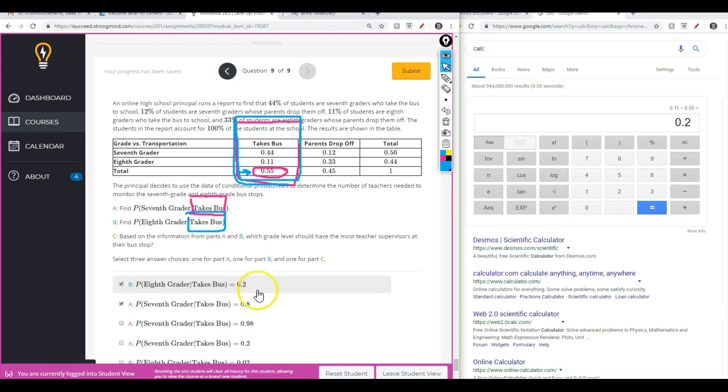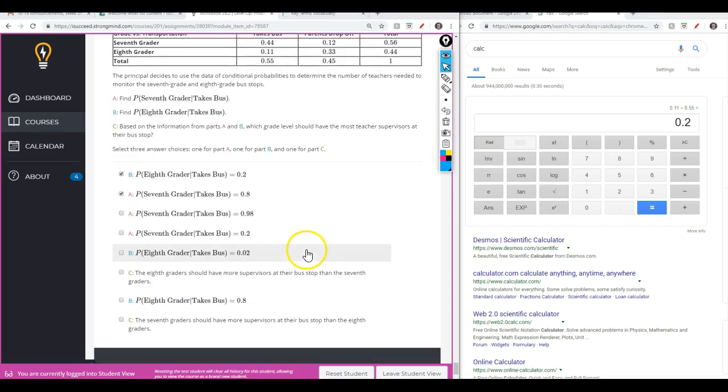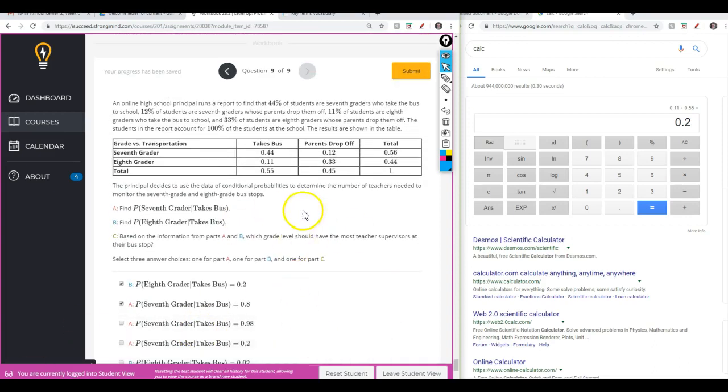So let me say that again. 80% of the people who are on the bus are 7th graders, and 20% of the people who are on the bus are 8th graders. So there are more 7th graders on the bus, so 7th graders should have more supervisors at their bus stop. And that's how you would use this distribution to answer this question.